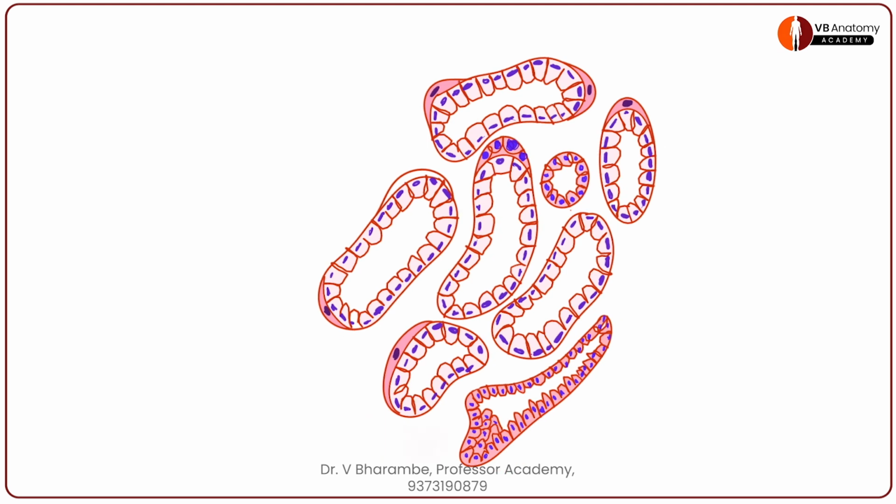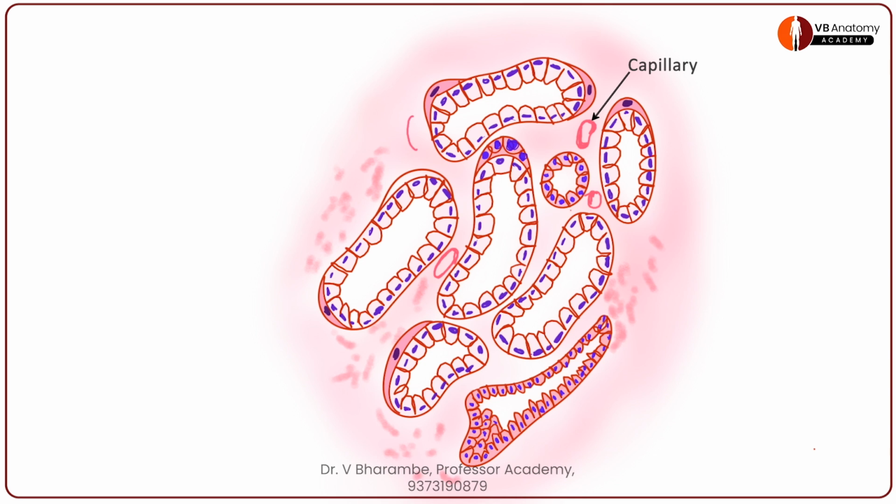Now look at your diagram. What is left? The connective tissue is left. So now begin to draw the connective tissue in between. Add a few capillaries and the connective tissue, collagen fibers, reticular fibers.